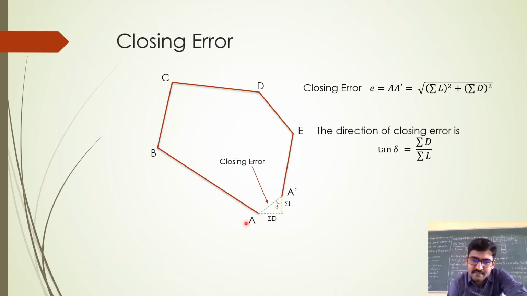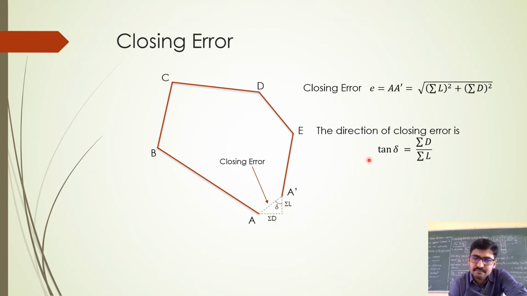Based on the same definition, this closing error is in some quadrant, so the vertical projection of that closing error is latitude, that is summation L, and the horizontal projection of the closing error is summation D, that is nothing but the sum of departures. Why the word summation is given for these two, you will understand in the next problem when we will be solving.